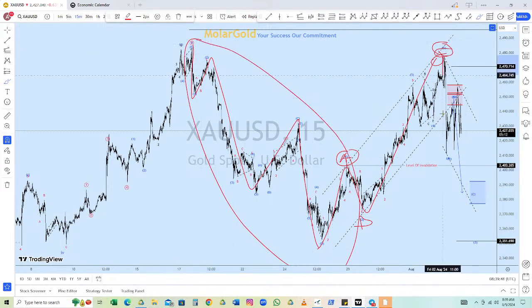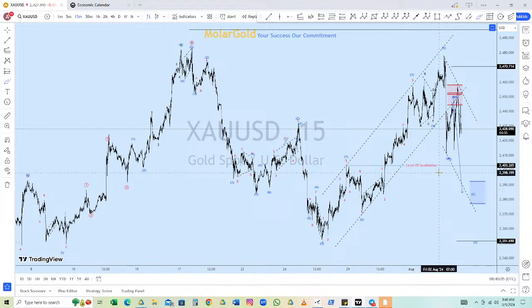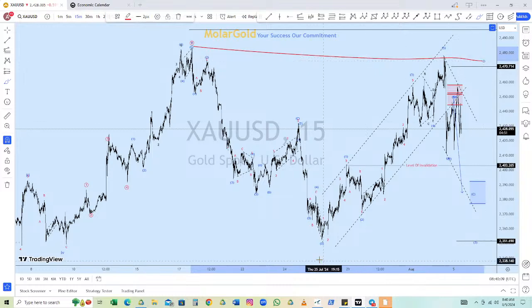So 1, 2, 3, 4, 5, and we're going down. Once price breaks through this level, then we are correct. But for now we have to keep the alternatives in mind.